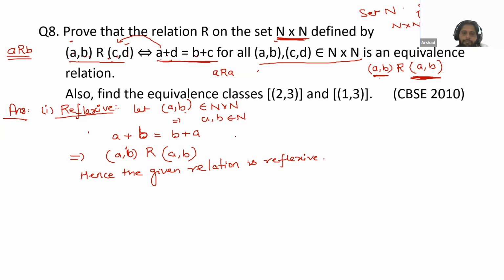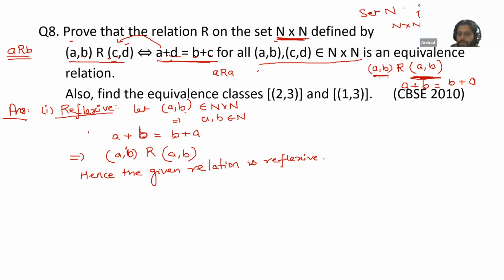Now, what is meant by this? Put this condition. What is the condition? A plus D, where D means the fourth element. Fourth is B, first is A. A plus B is equal to B plus A: B means the second element, and here second is B. C means third, and third is A. So first we should have this condition, A plus B is equal to B plus A. That's why I have written this.